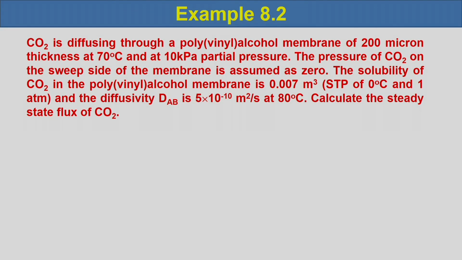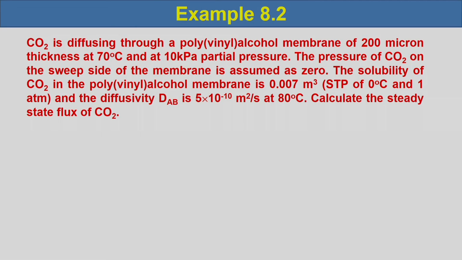Now, let us consider another example. Carbon dioxide is diffusing through a polyvinyl alcohol membrane of 200 micron thickness at 70 degree centigrade and at 10 kilopascal partial pressure. The pressure of carbon dioxide on the sweep side of the membrane is assumed to be 0.